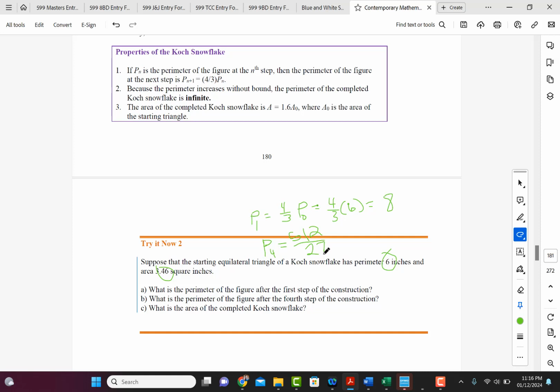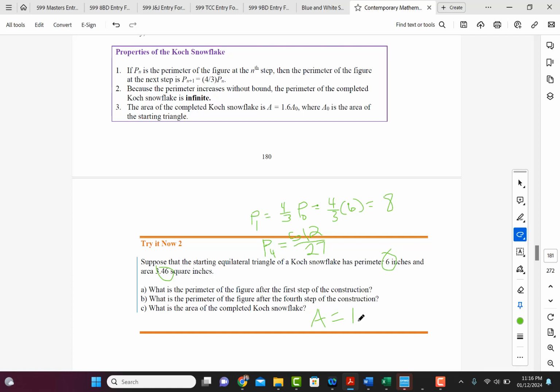And then what is the area of the completed snowflake? Well, the area of the completed snowflake is going to be 1.6 times the area of the original triangle.